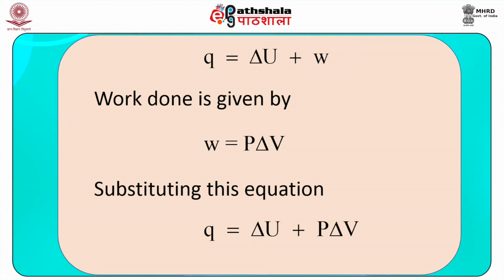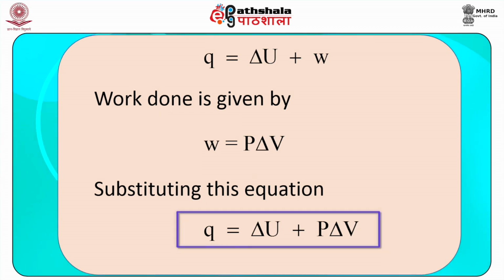We also know that the work done is given by P into ΔV. Substituting this in the equation, we get Q = ΔU + PΔV.